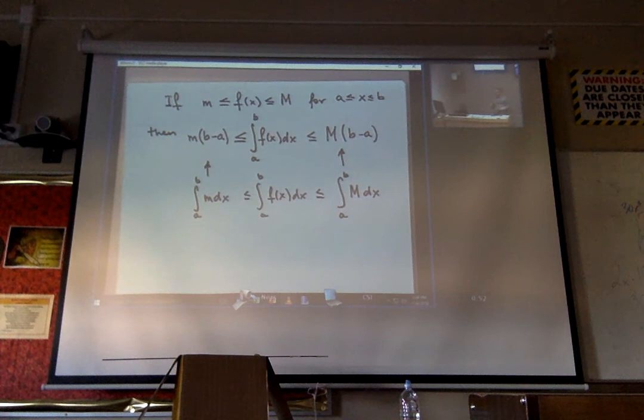Now, why am I saying this? Because sometimes it's difficult to deal with this function f of x. So you have to go back to chapter 3, actually 4, and think about how to find the absolute minimum and absolute maximum. We had this in section 4.1. How do we find the absolute minimum, absolute maximum?